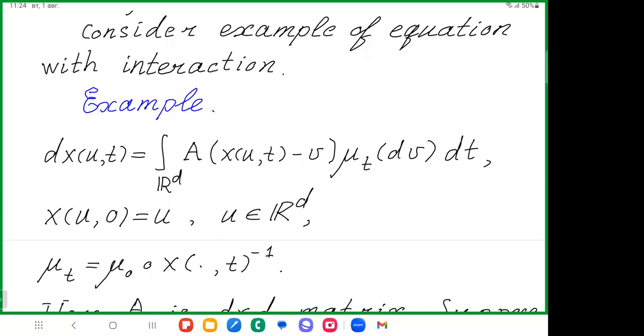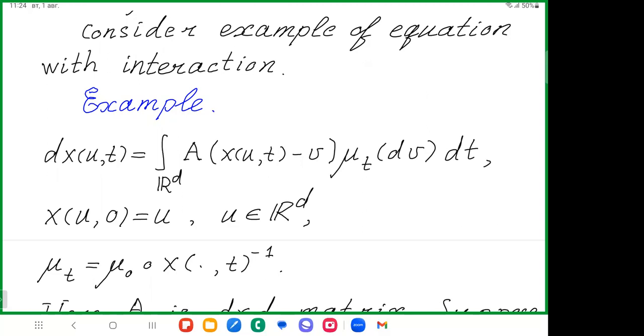Because, as I said in the last lecture, we are looking for some stationary behavior of the system. So we need conditions for the existence of a stationary solution to our equation.